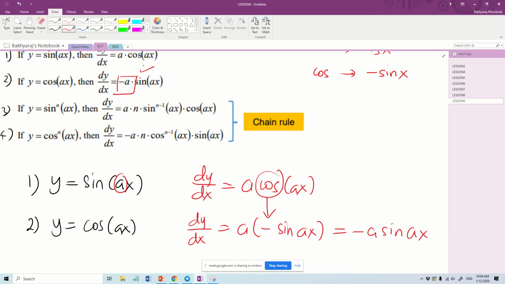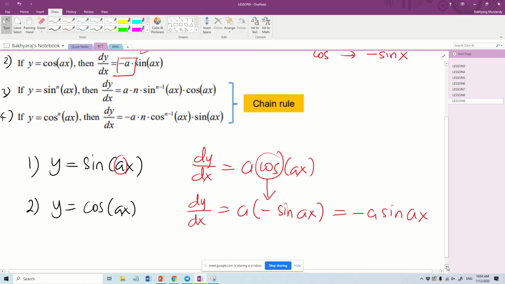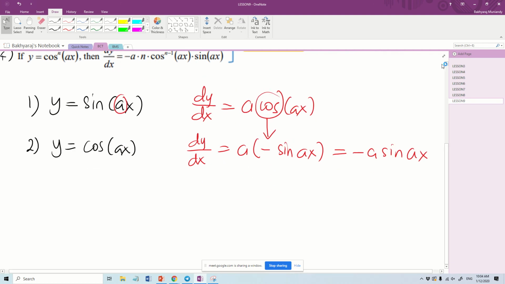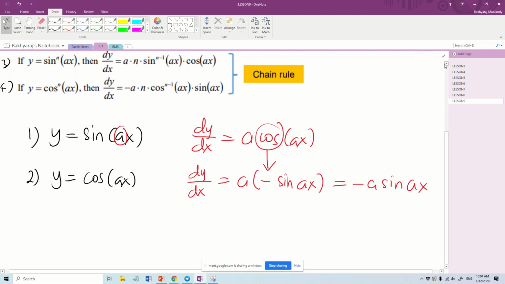Today I'm going to look further into number 3 and number 4. Number 3: this time you have a power. I copy it back: y equals sin power of n of ax. This time we get dy/dx.